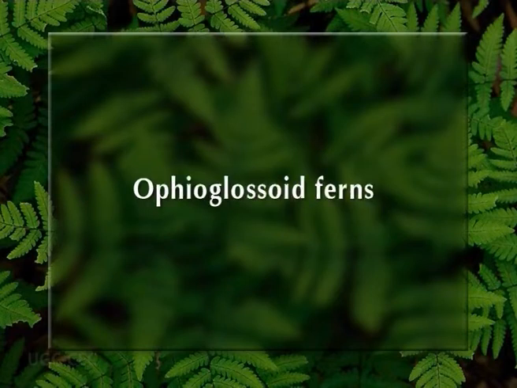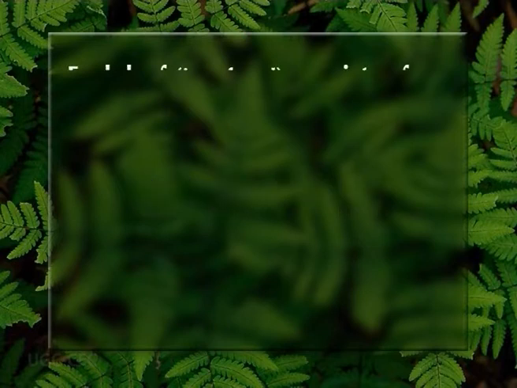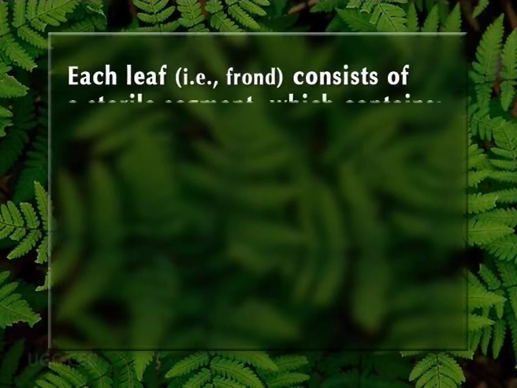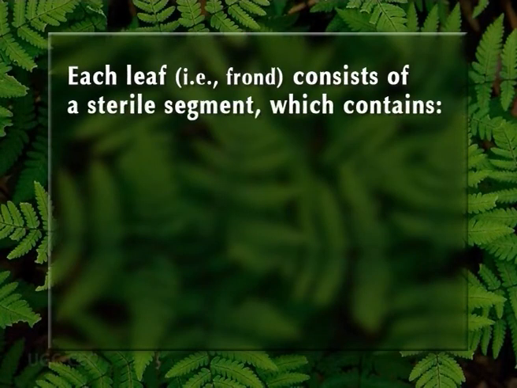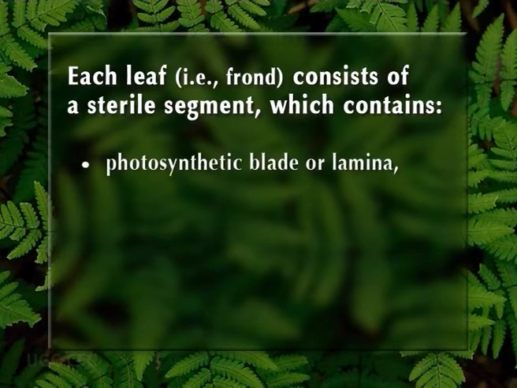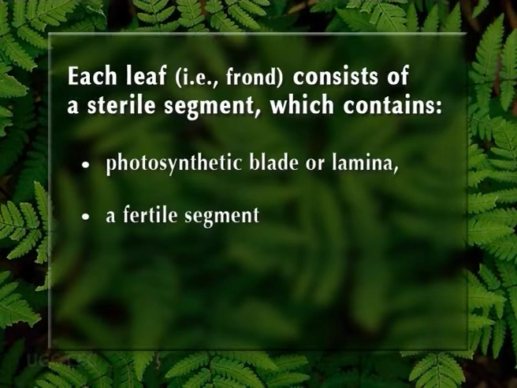Now the third group, Ophioglossoid Ferns. The Ophioglossoid Ferns are unique in that each leaf consists of a sterile segment, which contains the photosynthetic blade or lamina, and a fertile segment.